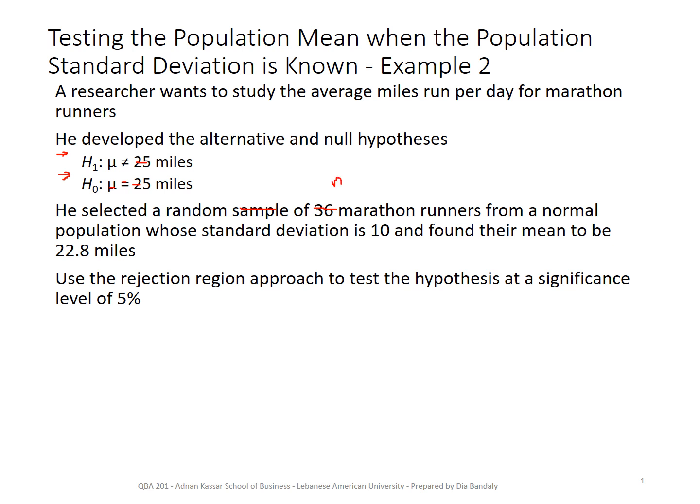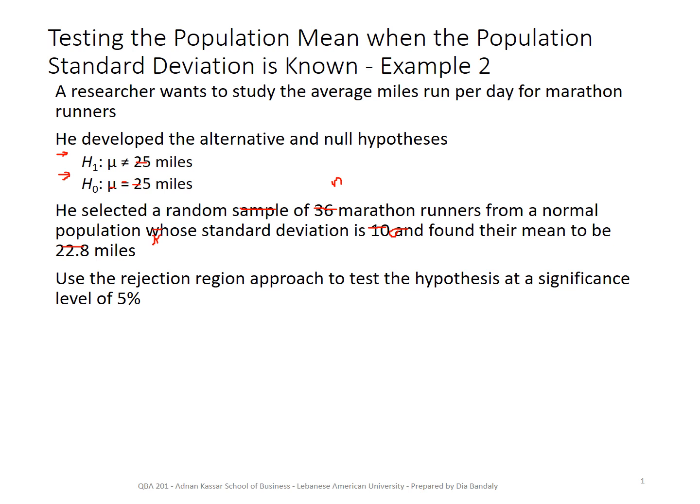And he knows the standard deviation of the population, from past data for all runners, to be 10. So this is our sigma, right? And he found that the mean of the sample is 22.8. So this is X bar that he wants to use as evidence to test his hypothesis.